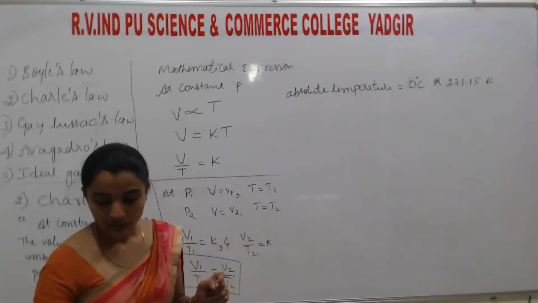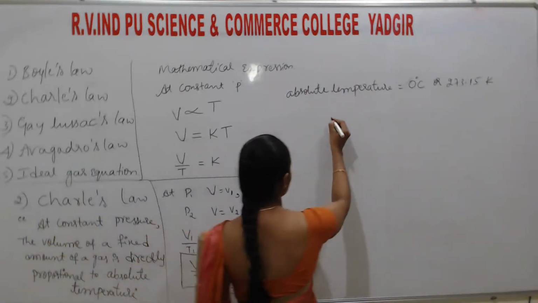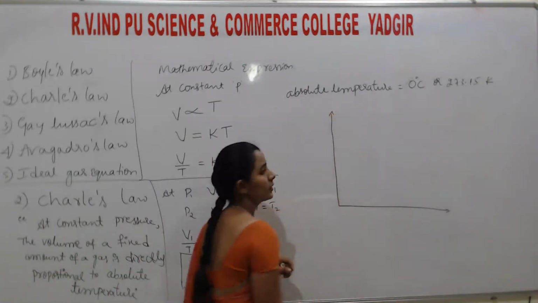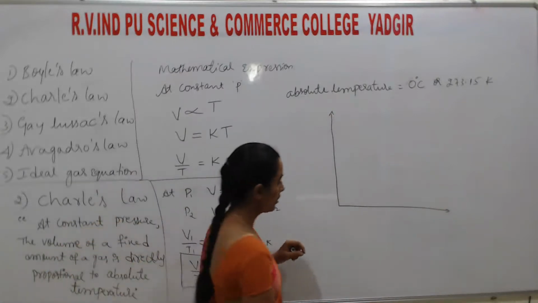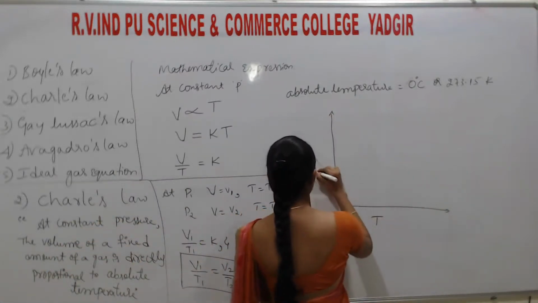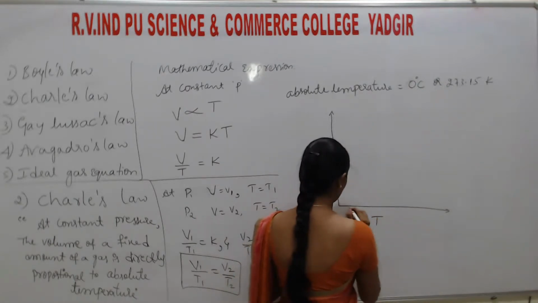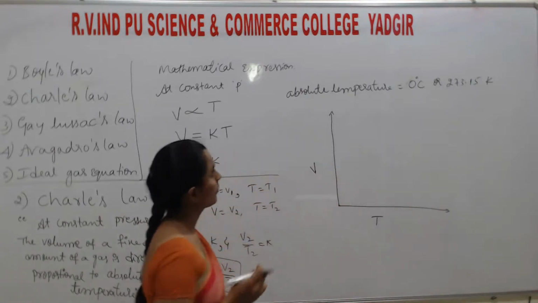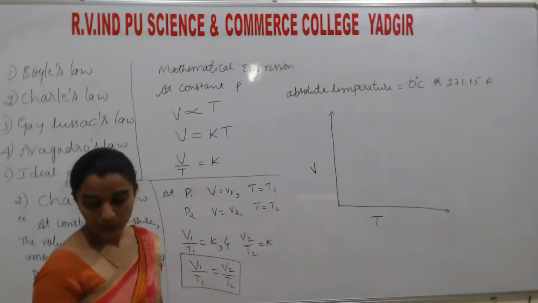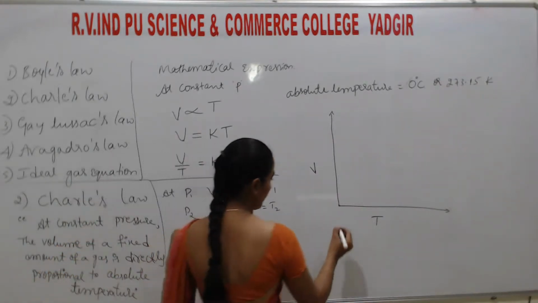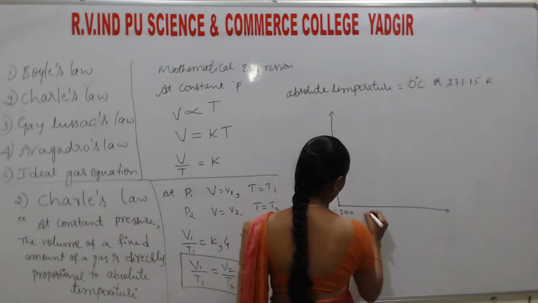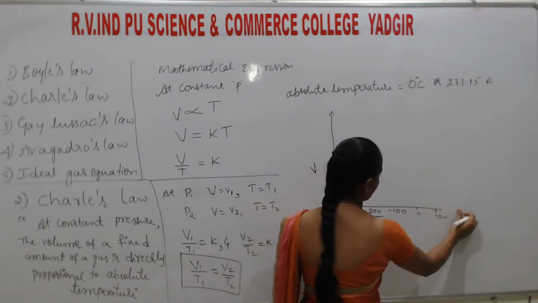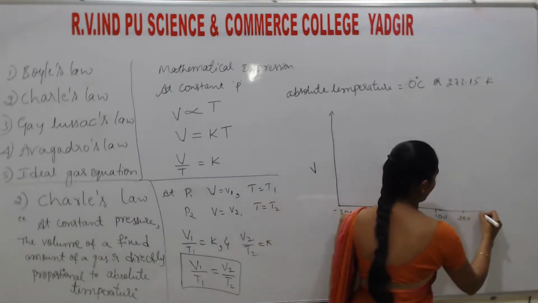Understand? So the next one is the graph, which tells about the variation in this Charles' law. Students, here we are taking temperature, and here volume. Here it is minus 300, minus 200, minus 100, 0, 100, 200, 300.